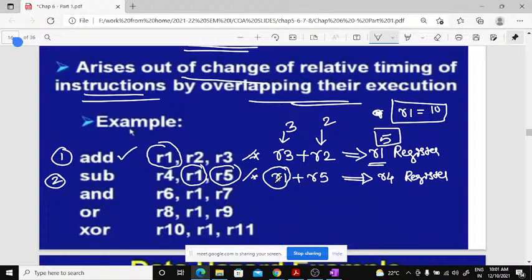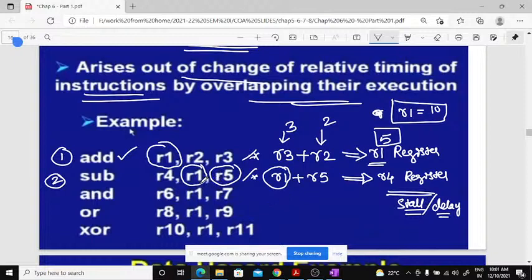Because of this dependency, if you want the correct value, it creates some delay or stall, a stall or delay on R1 and R5.